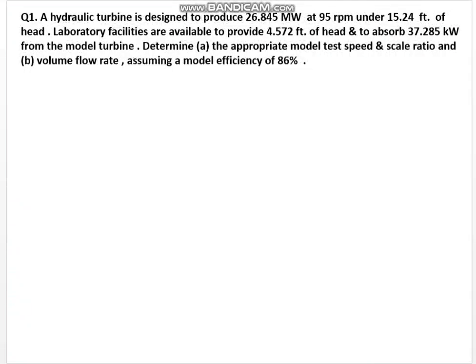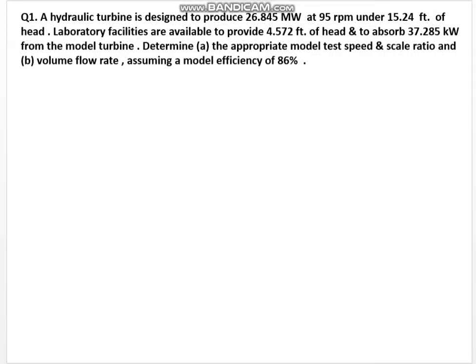My roll number is MEB 17070 and I am going to discuss some questions about compressible flow. So the first question is: a hydraulic turbine is designed to produce 26.845 megawatt at 95 rpm under 15.24 feet of head.